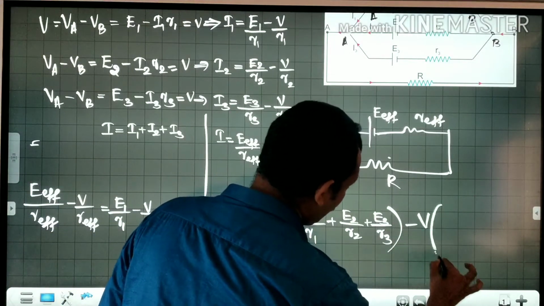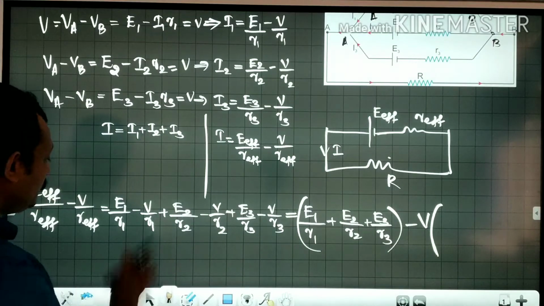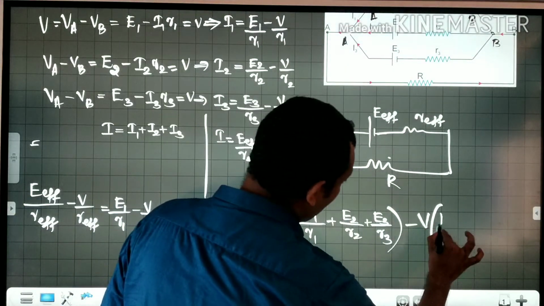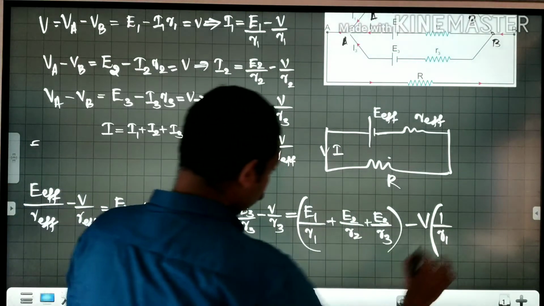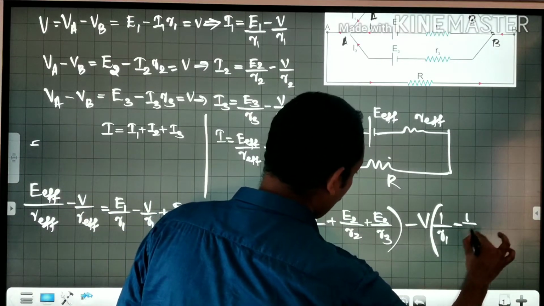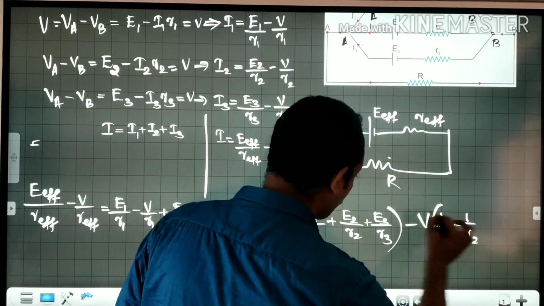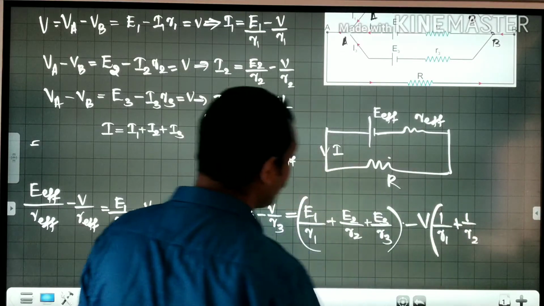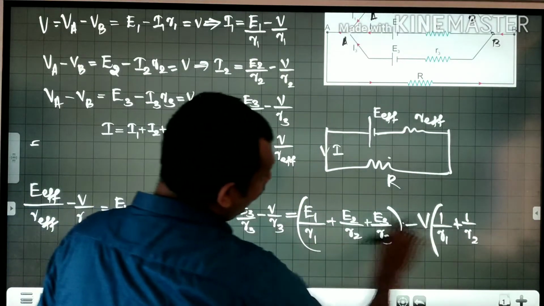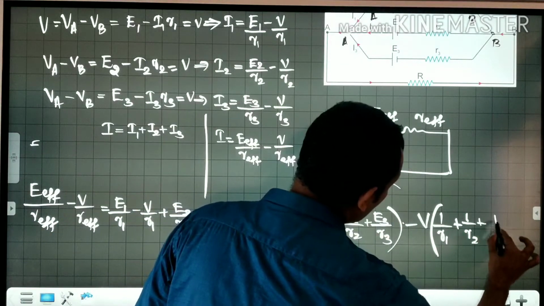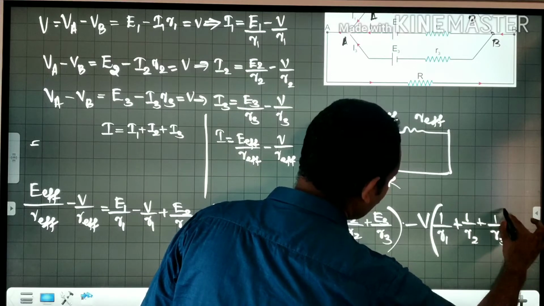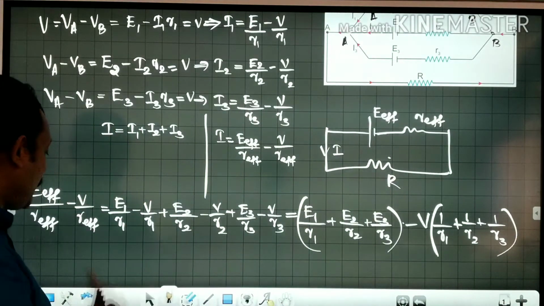V by R1. I am taking the common factor. So minus V into 1 by R1 plus 1 by R2 plus 1 by R3. Ready? That's the equation I'm taking.